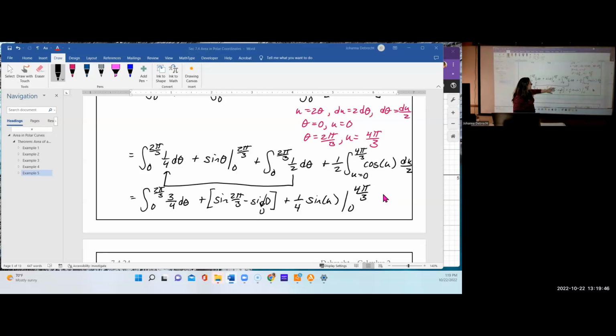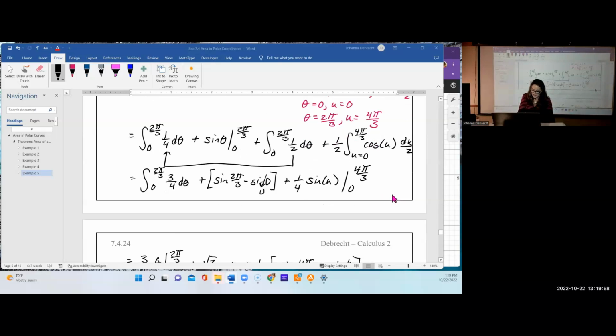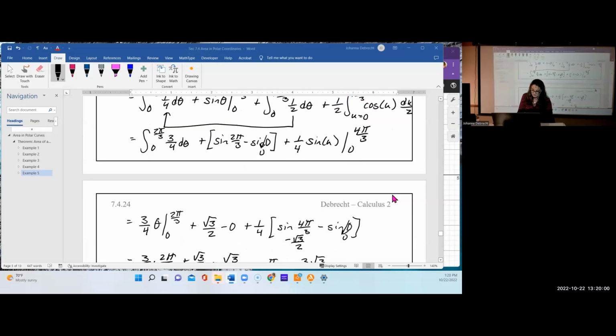The integral of cosine gave me sine, evaluated between 0 and 2 pi over 3. The sine of 0 is 0, but the sine of 2 pi over 3 is the square root of 3 over 2. Again, integrating cosine is going to give me sine. And so over here, I have 1/4 the sine of u. Remember, we still had the 1/2 from converting to the double angle, and d theta became du over 2, so I end up with 1/4.